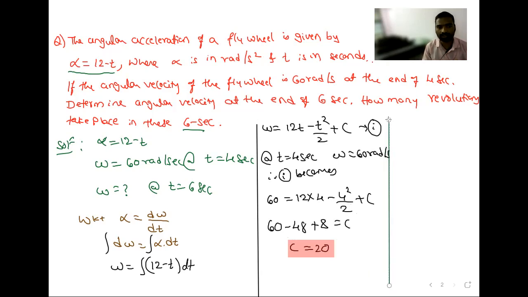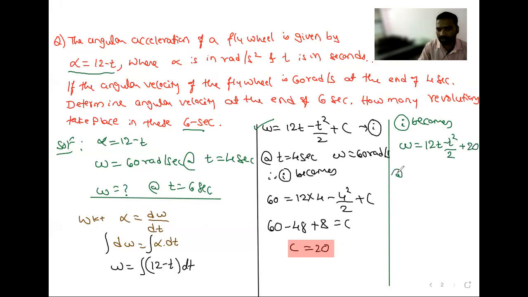Okay, what is asked actually? He is asking revolutions at t equal to 6 seconds. It means you have to calculate omega when t is equal to 6 seconds. So equation 1 becomes omega is equal to 12t minus t square divided by 2 plus c, where c is 20.